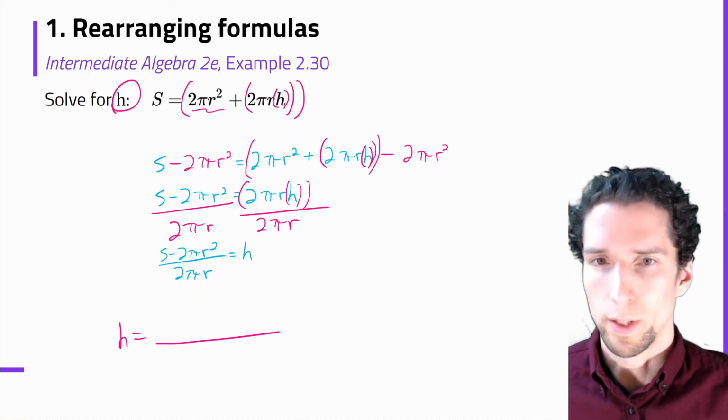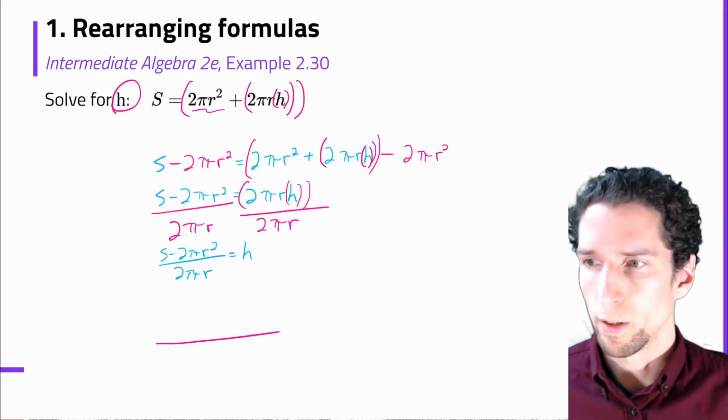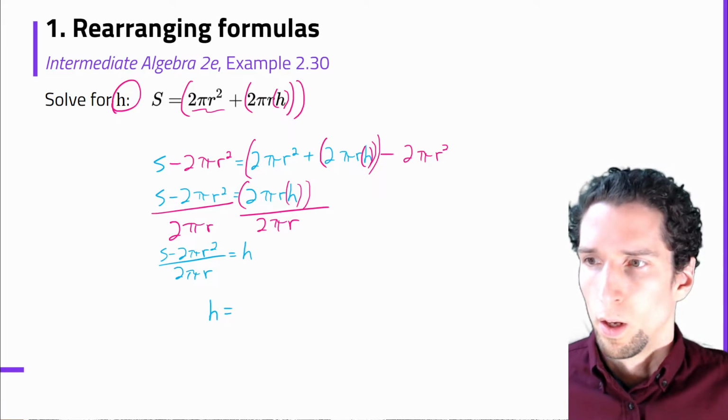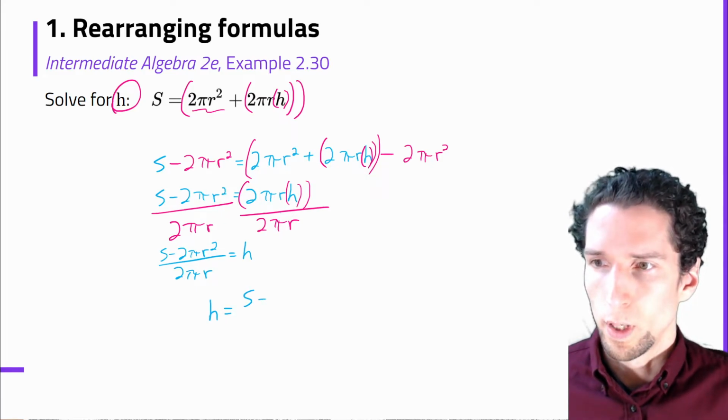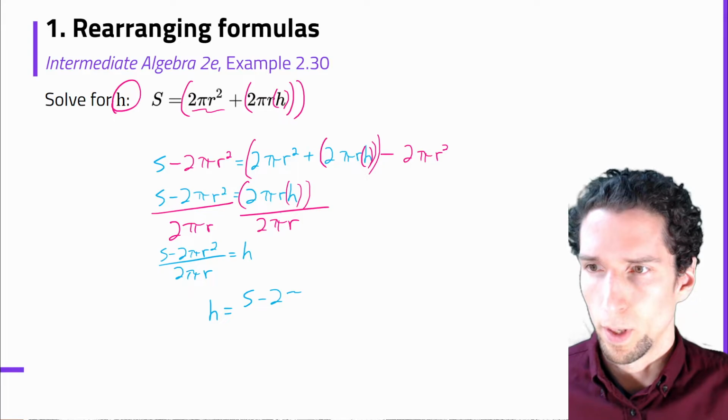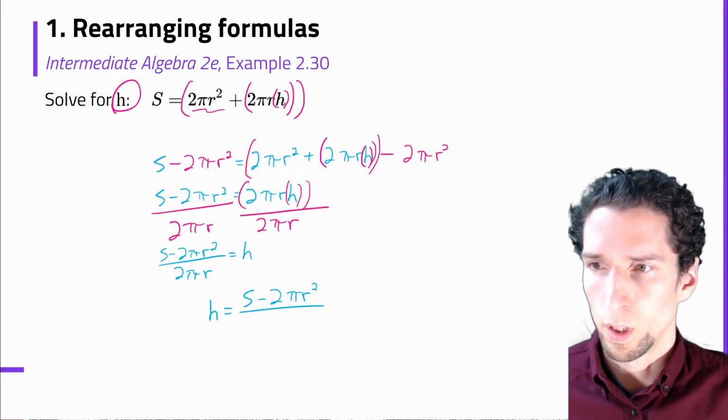And if we want to, again, make this look a little nicer, put our h on the left side, we can do that. H equals s minus 2 pi r squared over 2 pi r.